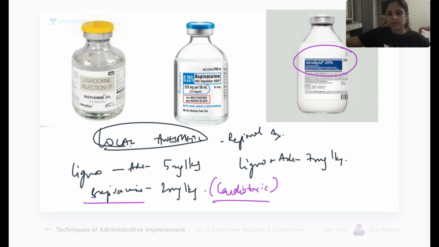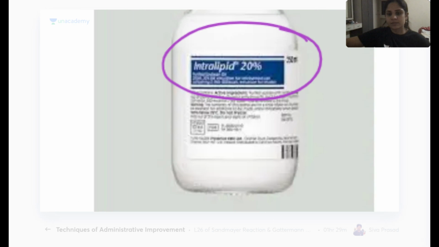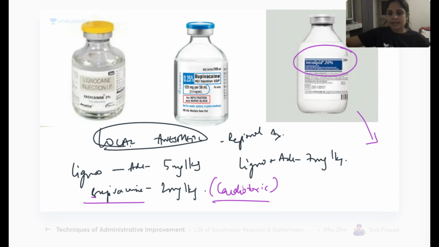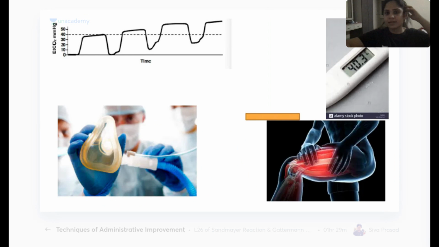In which condition do I give this? Yes, I will give this as an antidote in local anesthetic systemic toxicity. Clear? Okay.